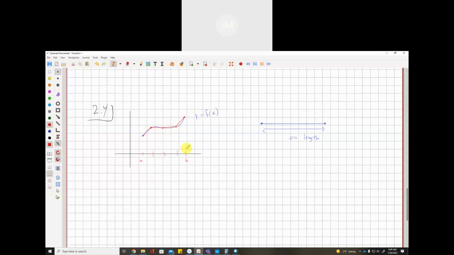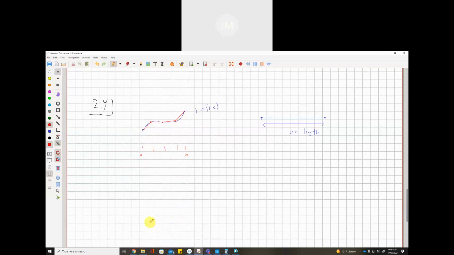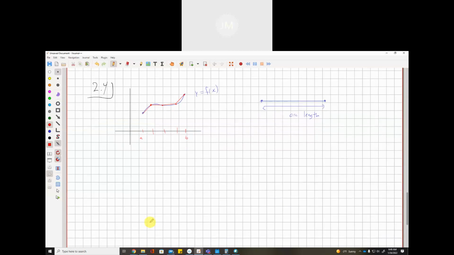If I use more subdivisions, I'll get a better approximation. It'll fit the curve better. And so if we use infinitely many, it'll fit it perfectly. Okay. So then what we need to do is figure out a way to find out how long each of these little segments is. And there's some algebra to that, but that's where our formula comes from for arc length.